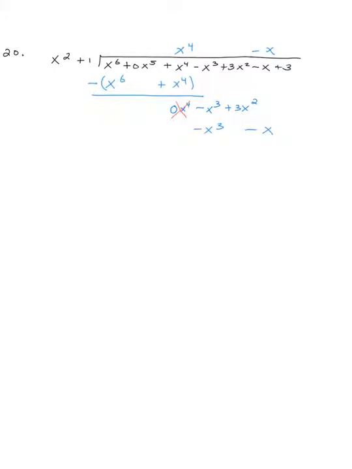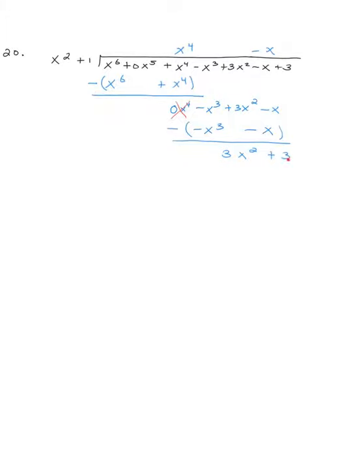So really, I need to bring down this negative x too. Because when I subtract these things away, I get negative x cubed plus x cubed, and you get negative x plus x, those are all gone. The only thing remaining is this 3x squared and then a plus 3 if I bring this down.